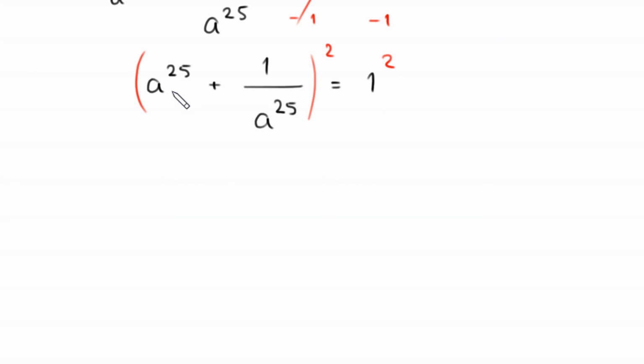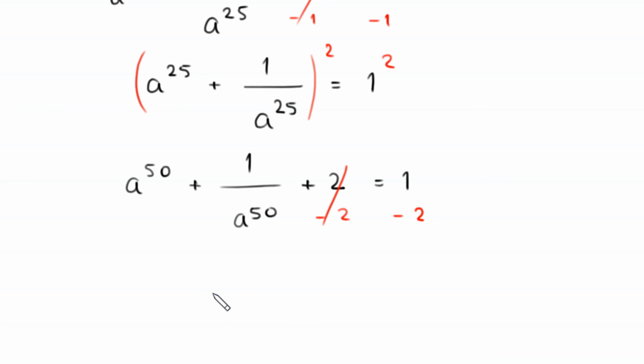So expand this a to the power 25 plus 1 over a to the power 25 squared. This will become a to the power 50 plus 1 over a to the power 50 plus 2 equal to 1 squared, which is 1. Subtract 2 from both sides, so this cancelled out and we are left with a to the power 50 plus 1 over a to the power 50 equal to negative 1.